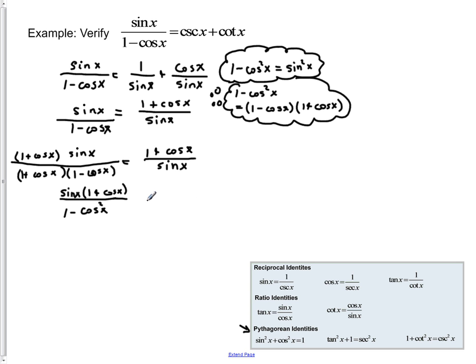Well, why would I care? Well, what do we know about the denominator now? Well, that's right. If you look at that denominator, that is this identity. 1 minus the square of cosine of x is sine squared x. And that's a really useful thing, because now we've got the expression sine of x times 1 plus cosine of x in the numerator divided by the square of the sine of x in the denominator.